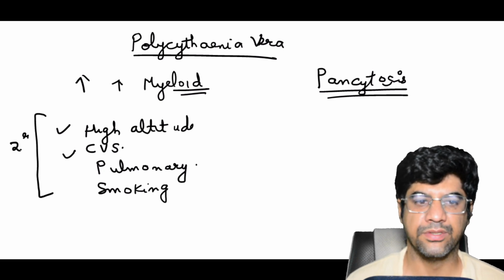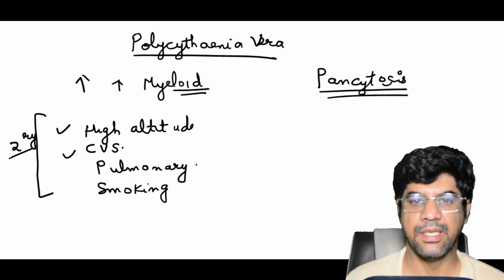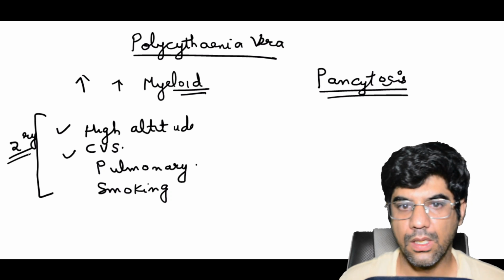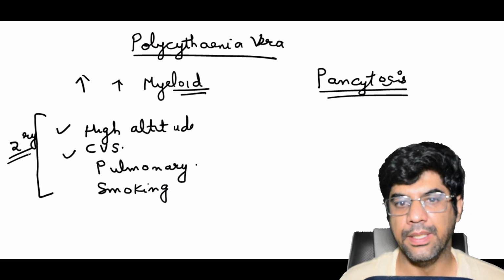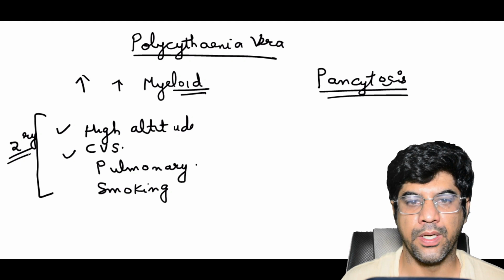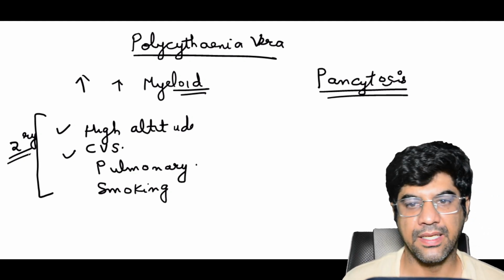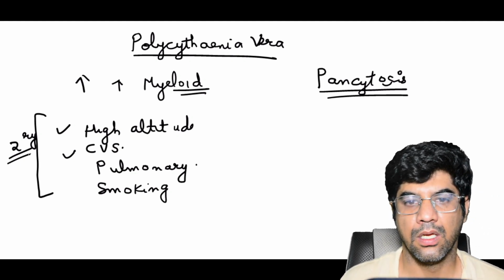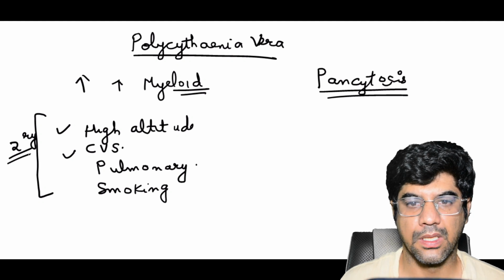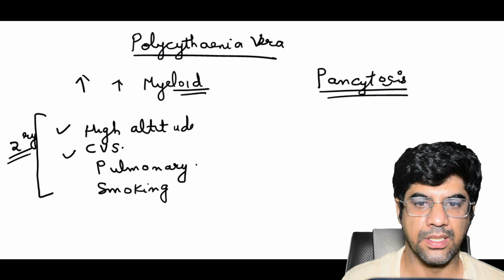All these are causes of secondary polycythemia vera. Other causes could be increase in erythropoietin, like in case of renal cell carcinoma, there is increase in the erythropoietin level, plasma loss from the burns, etc.